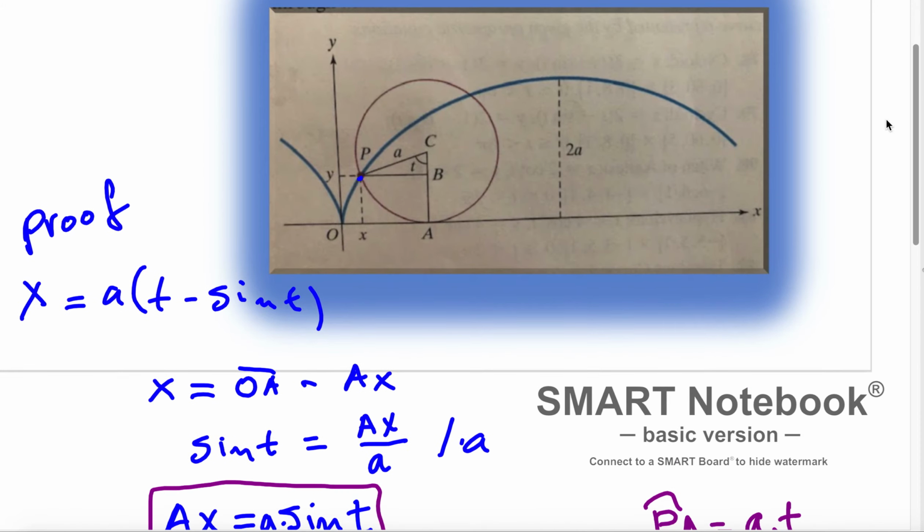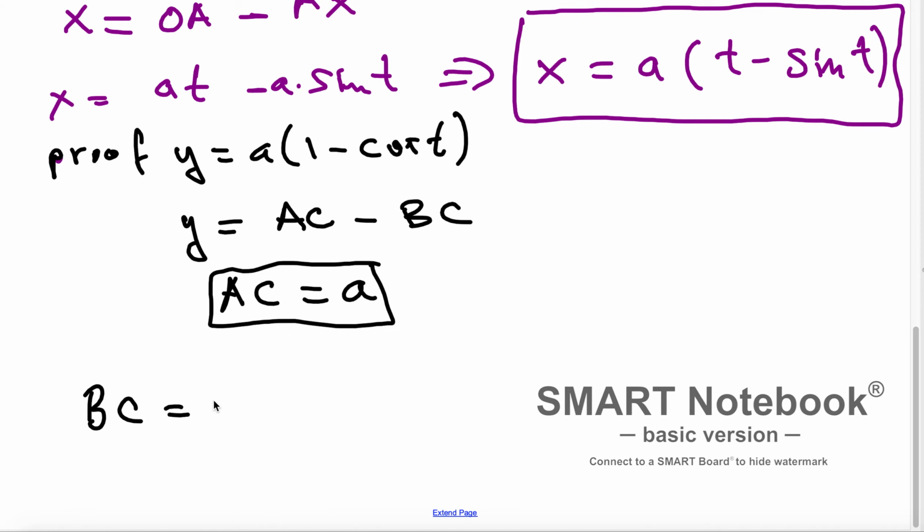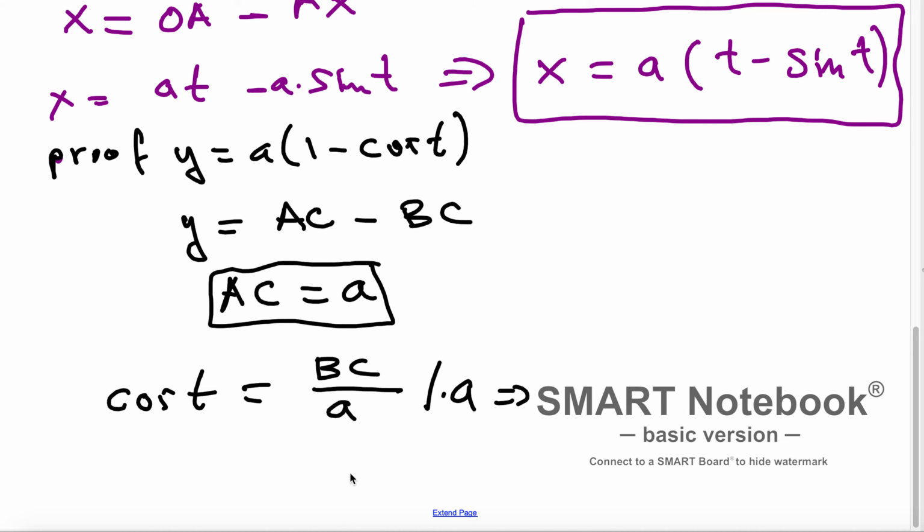Cosine t is equal to adjacent divided by hypotenuse, so cosine t is equal to BC divided by the hypotenuse a. If we multiply by a, BC is equal to a times cosine t.